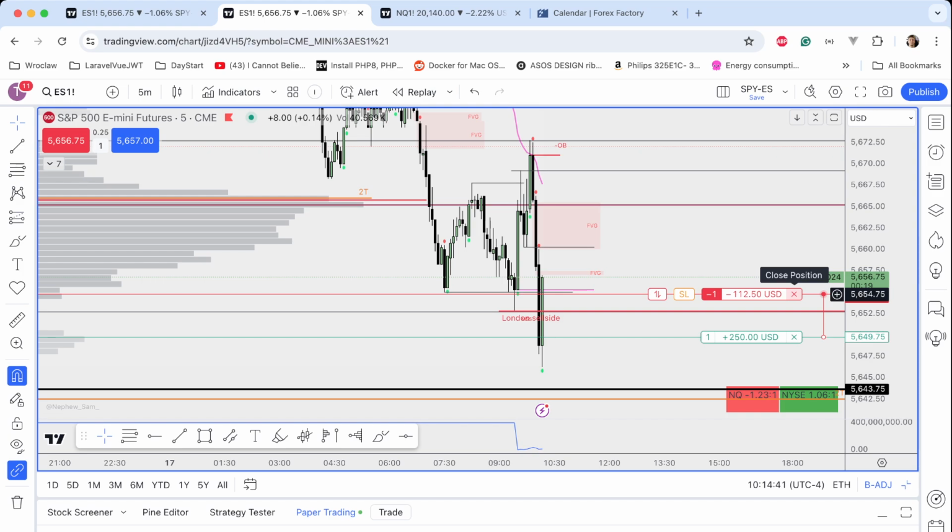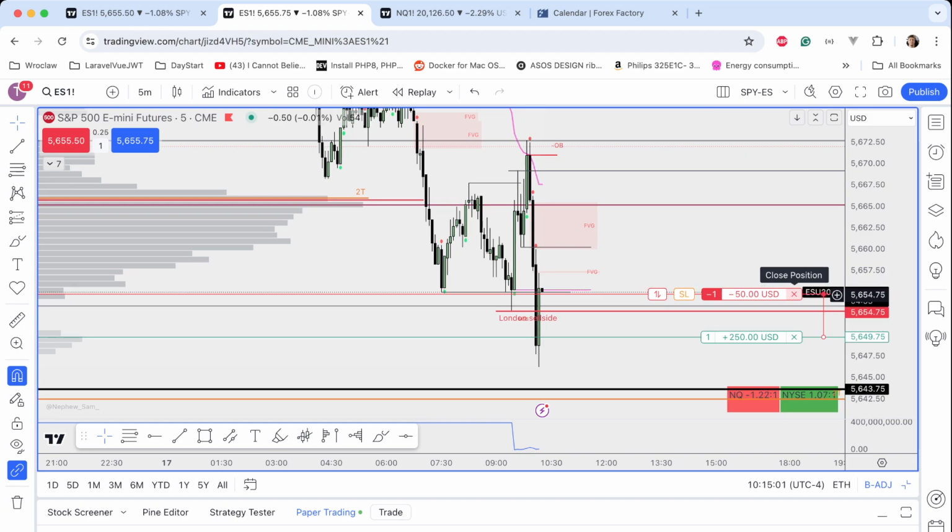So we have just created a 15-minute candle. We have one more 15 seconds on this candle. A new one will open in 3 seconds. And let's see what they're going to do.